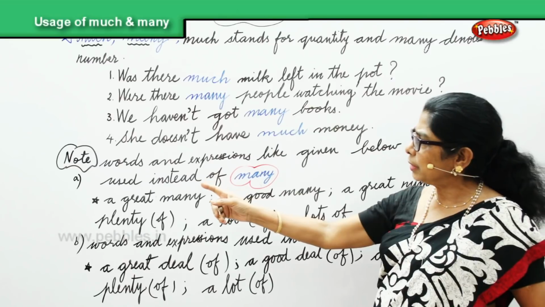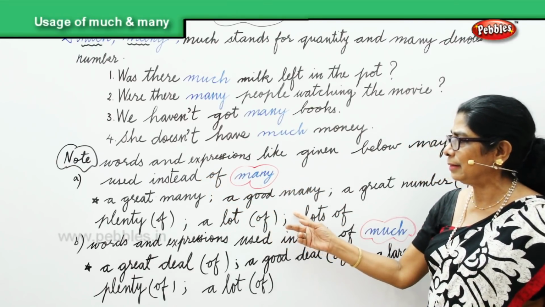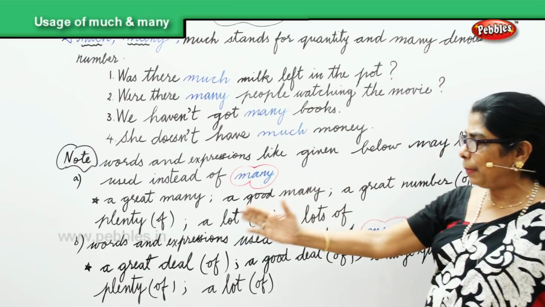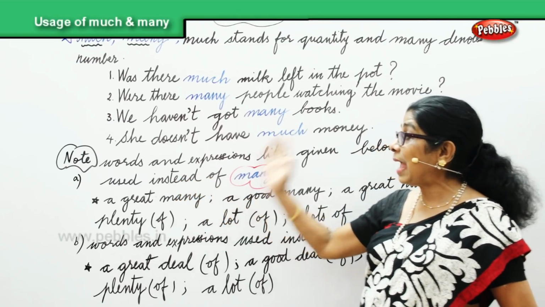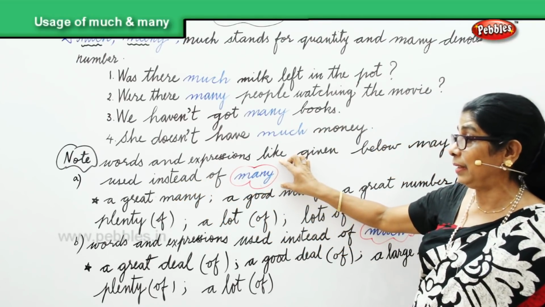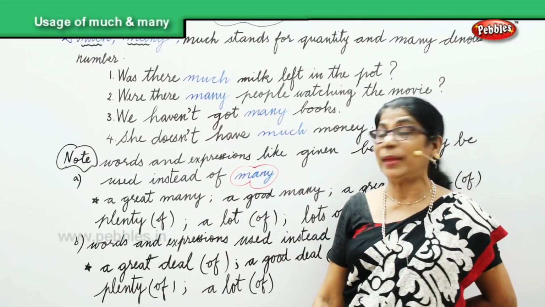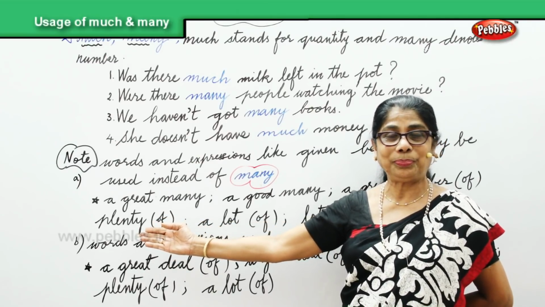What we need to note here is words and expressions like a great many, a good many, a great number, plenty, a lot of, lots of can be used instead of many. Instead of saying many people came to the wedding, we can say a great many people attended the wedding.